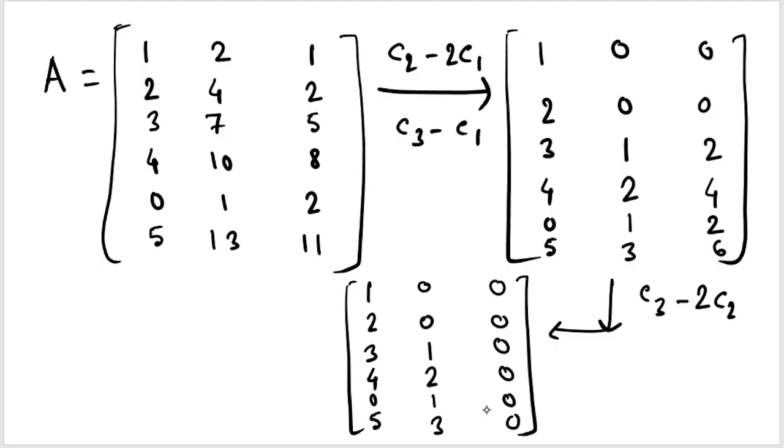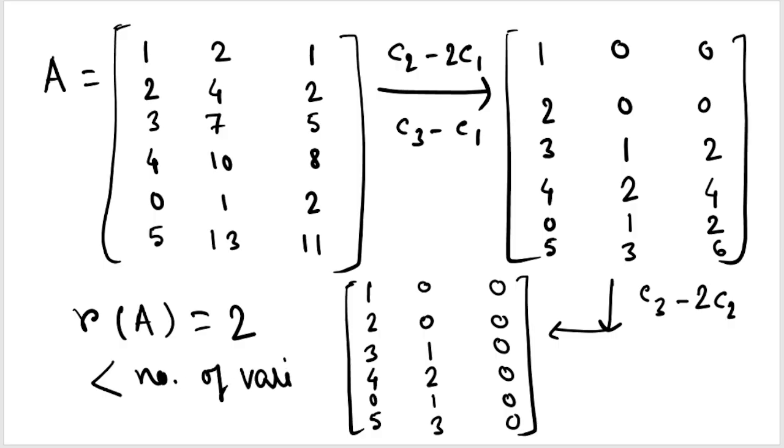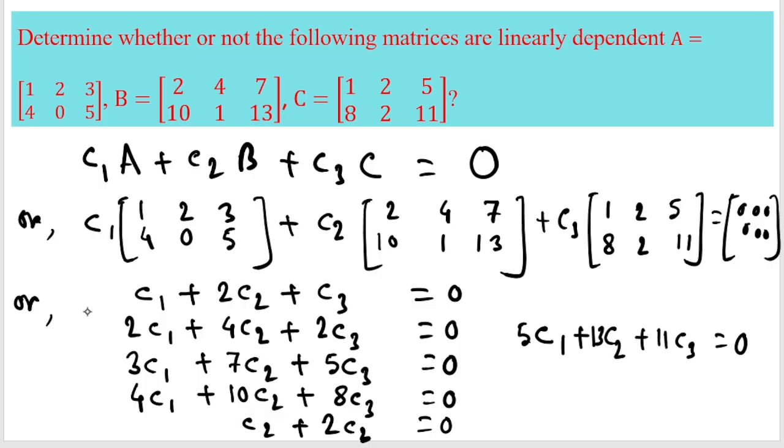The rank of this matrix is equal to 2 because the third column is 0, and which is less than the number of variables, which is 3. Hence, there exists a non-zero C1, C2, C3 for which this combination becomes a zero matrix, and therefore the given matrices are linearly dependent.